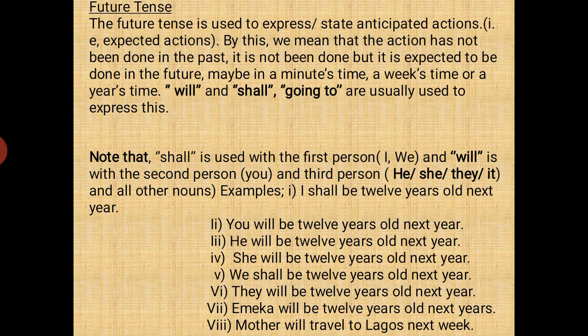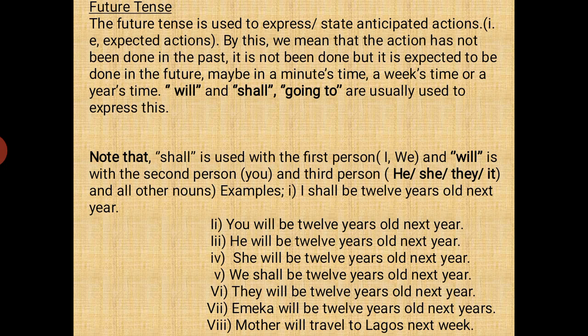Examples: I shall be 12 years old next year. You will be 12 years old next year. He will be 12 years old next year. She will be 12 years old next year. We shall be 12 years old next year.